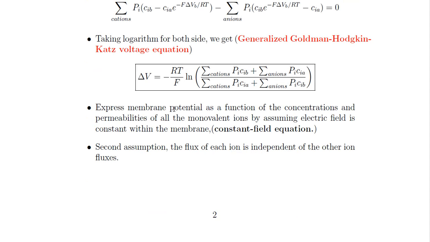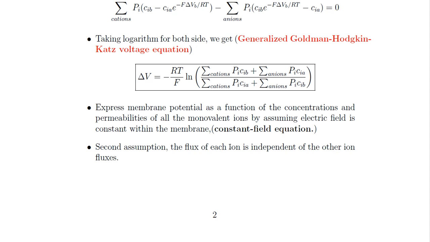This expresses membrane potential as a function of the concentration and mobility of all monovalent ions, assuming the electric field is constant within the membrane. The second assumption is that the flux of each ion is independent of the other ion fluxes. So this is the assumption.